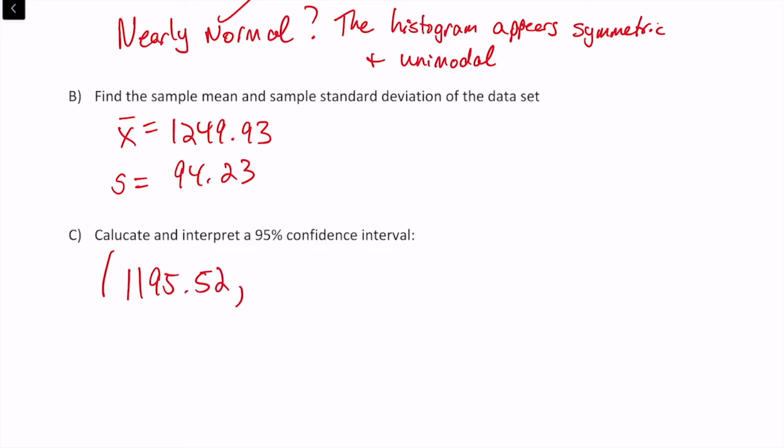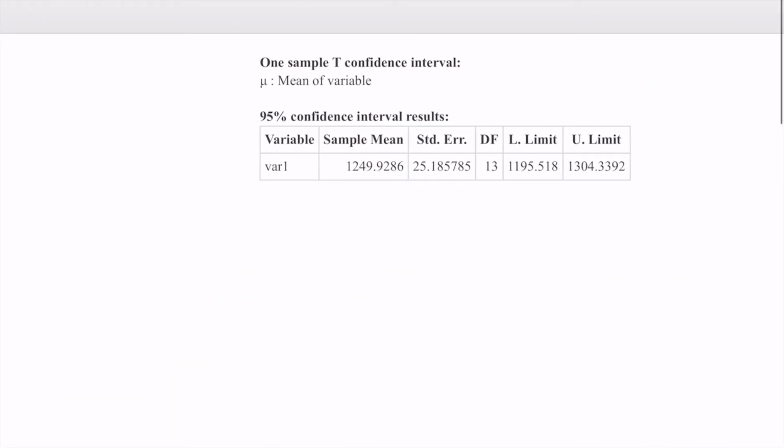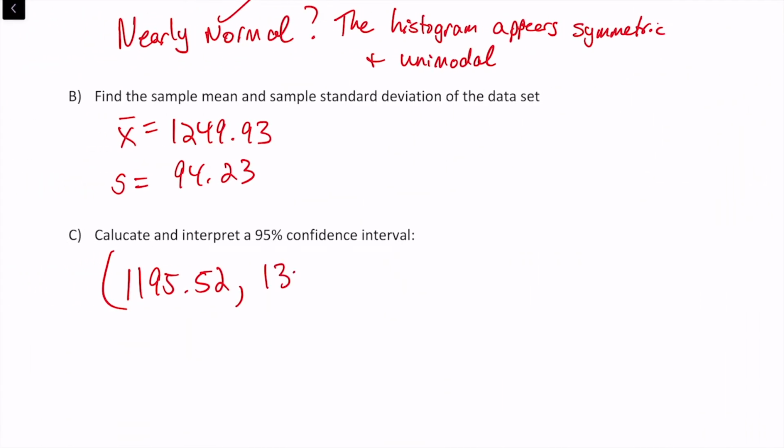If we go to 2 decimal places, up to 1304.34. Okay. So what does this mean?